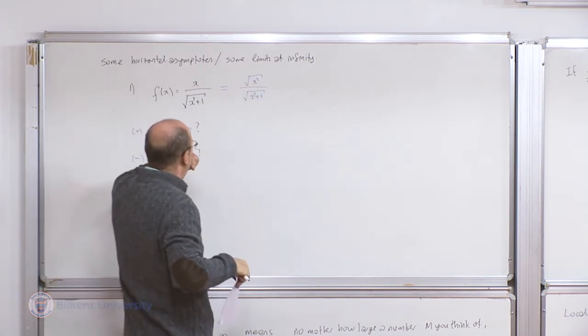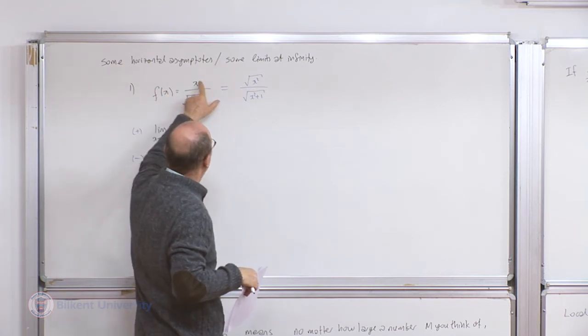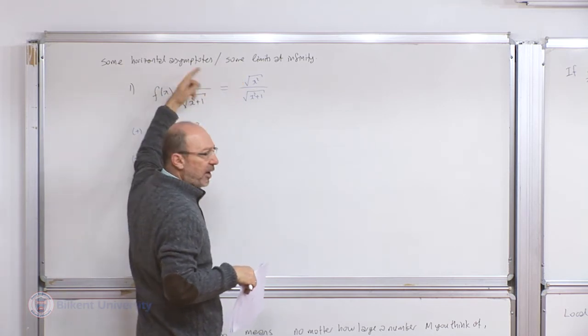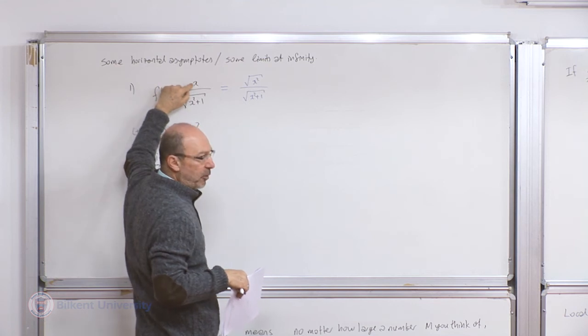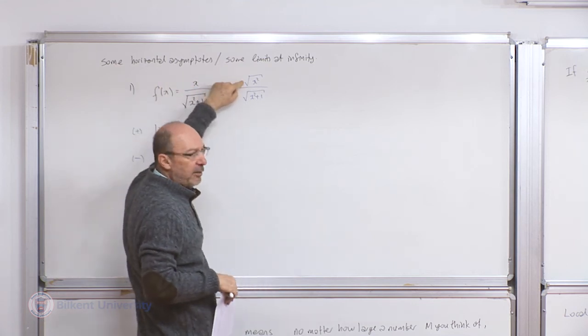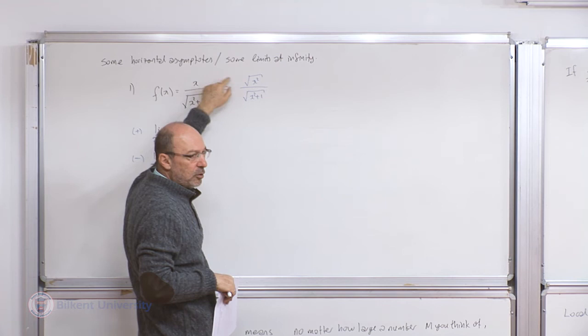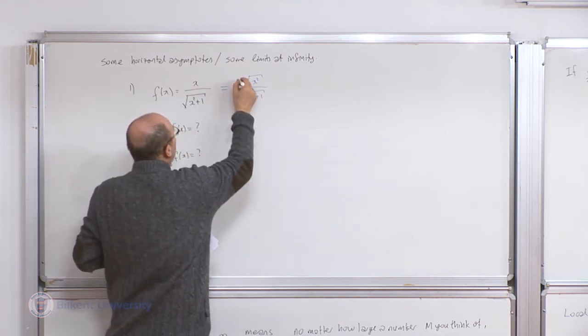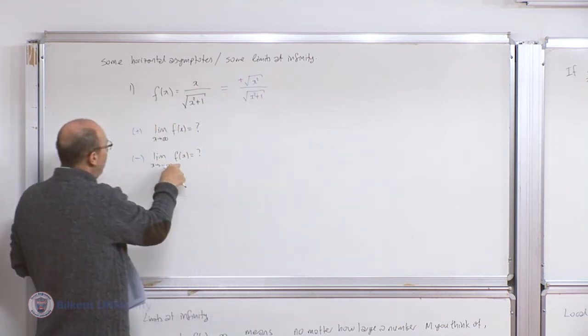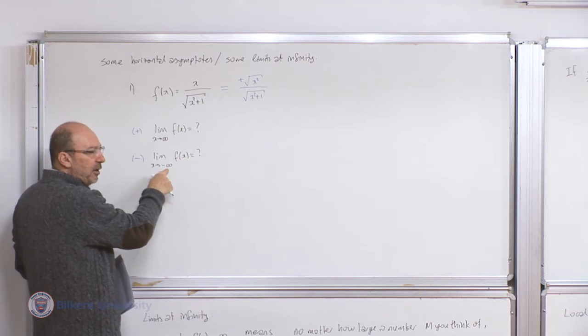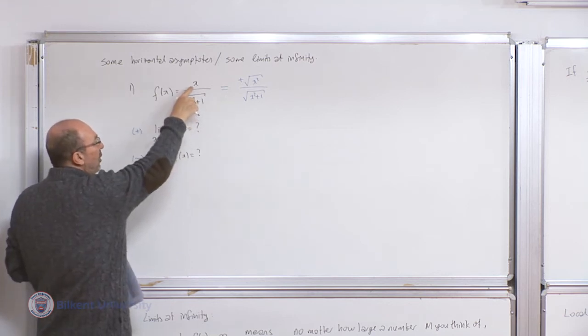You see, I'm saying that this is equal to this. If x is always positive, this is always positive, clearly. So here I have to take the positive square root so that they will be equal. Okay. If x is going to minus infinity, eventually this is going to be minus.